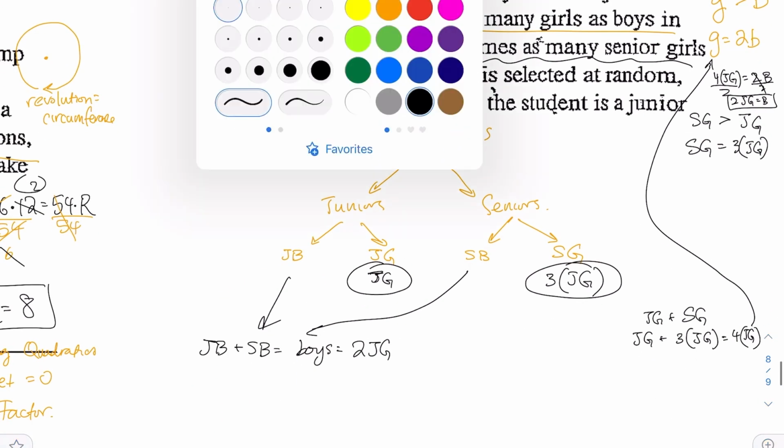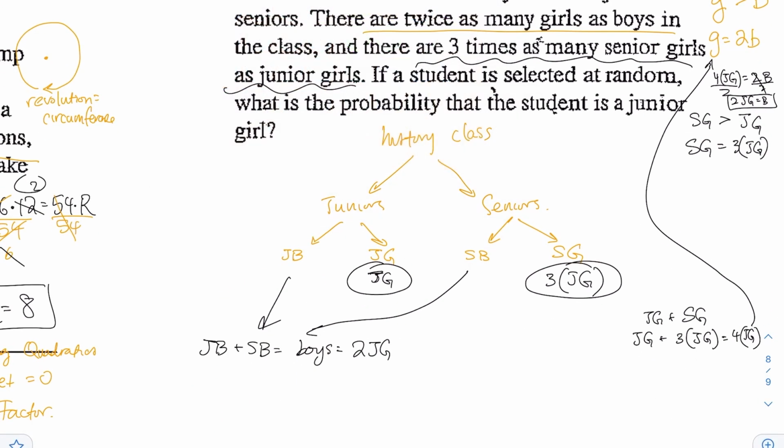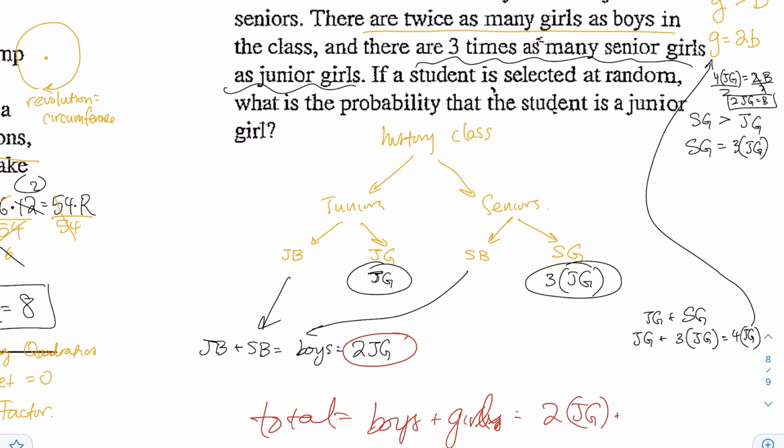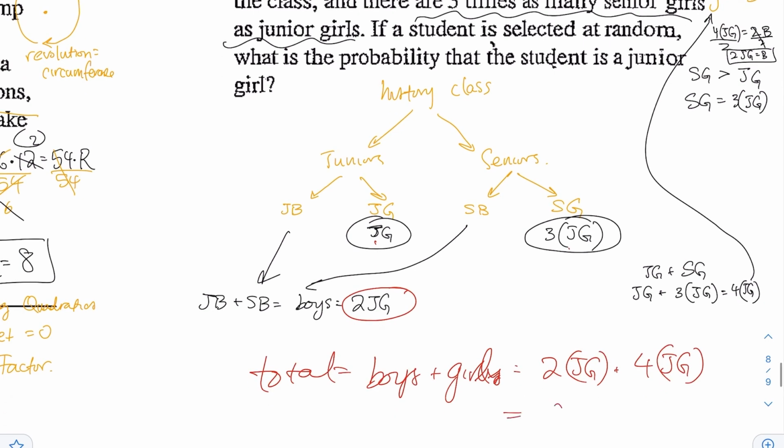So now you have everything to figure out the total. The total is boys plus girls. So the number of boys is 2 times junior girls, plus the number of girls, which is JG plus 3 JG, so that's 4 JG, which becomes 6 times JG, or 6X.